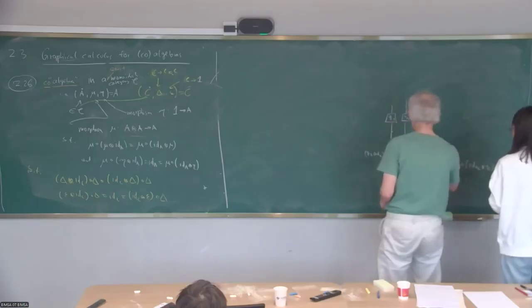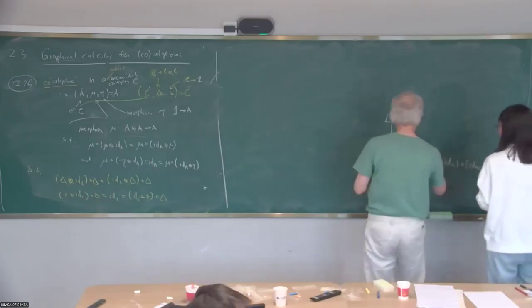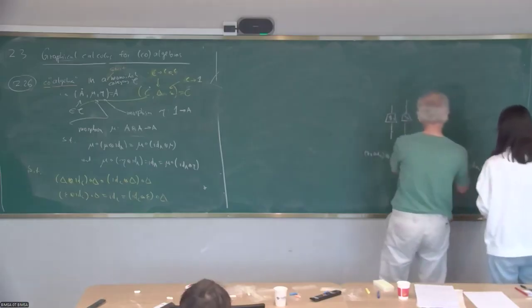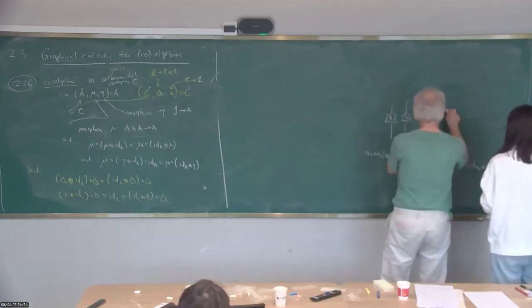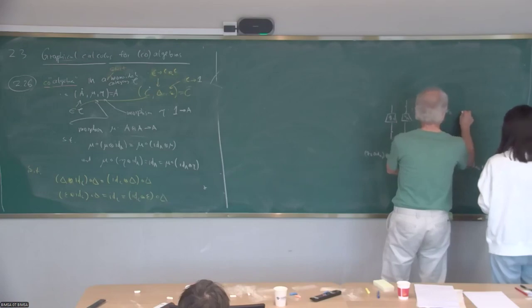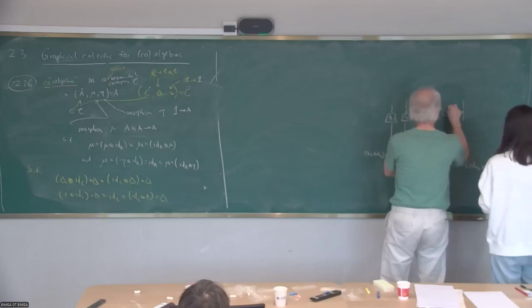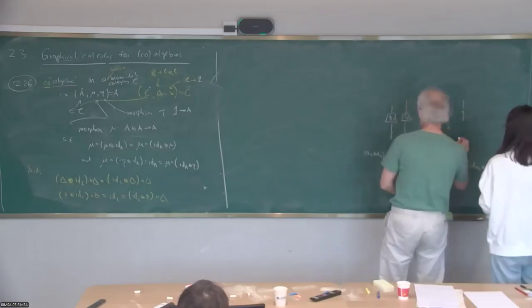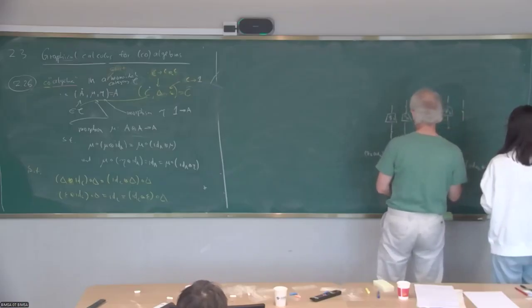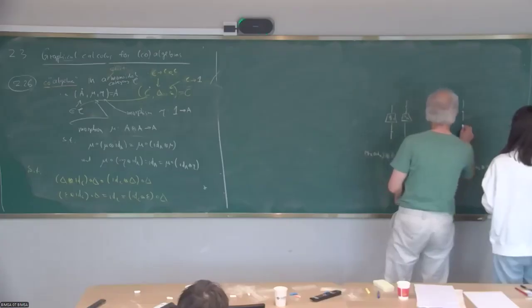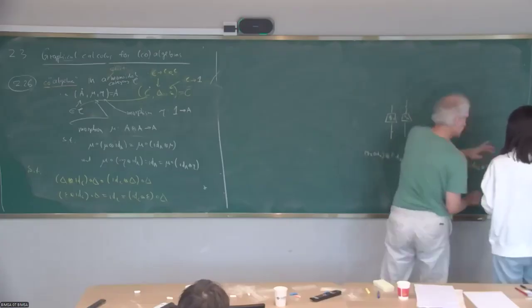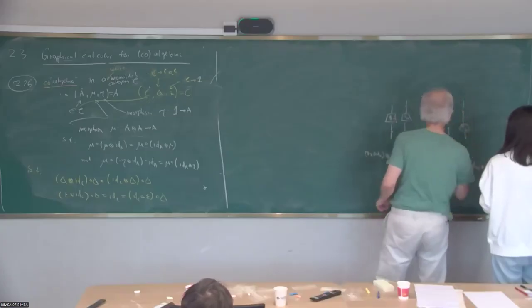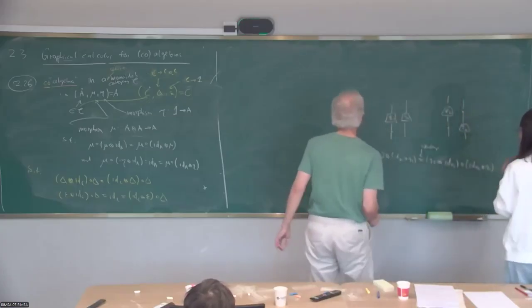Well, this is precisely what we, let me see. This is as a picture G1 and the identity. And then I have the identity. Yes, correct. It should be like that.